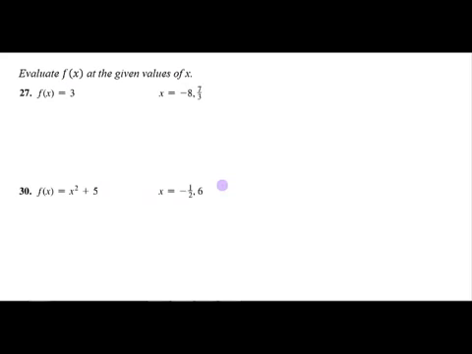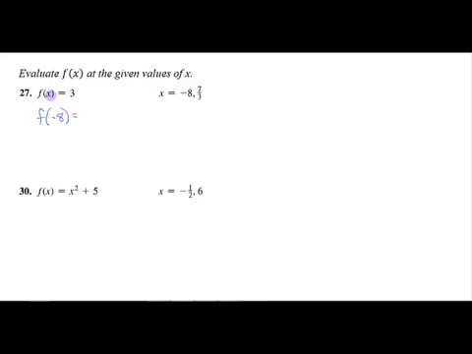Here let's evaluate f of x at the given values of x. F of x equals 3, and we have the values of x equals -8 and x equals 7/3. So first what we do is we write f of -8.